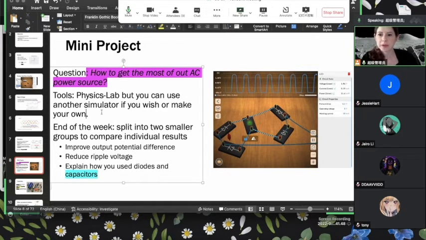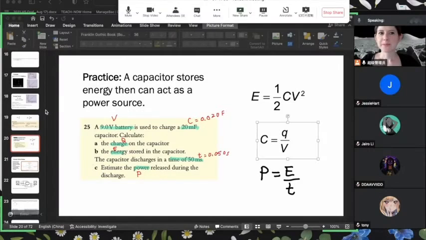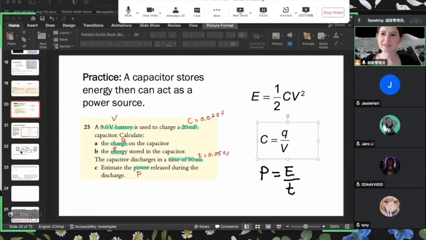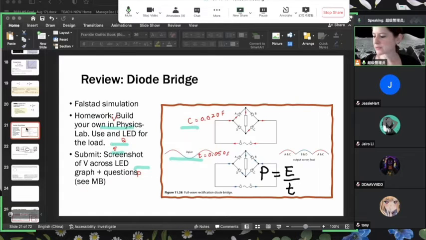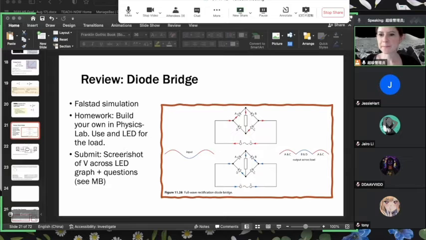You could make your own. This could be a physical circuit if you have the materials. All right, your homework, we have just enough time to introduce this, is going to be to use Physics Lab to build a full wave rectifying circuit.